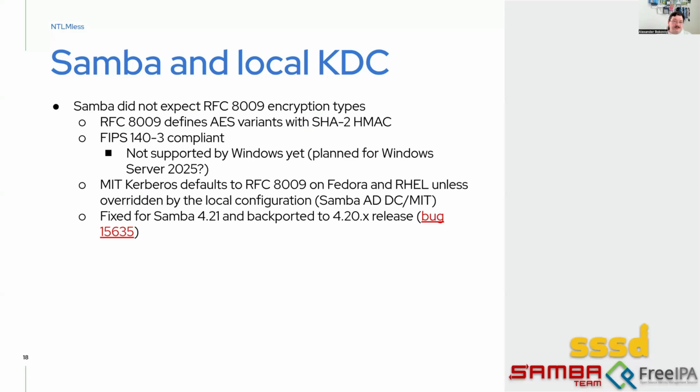The buffers were larger with the SHA-2 HMAC than Windows expected, so we had to apply some changes in MIT Kerberos to handle this. But with the fixes in Git master, this now works transparently, also in a FreeIPA environment or in this local KDC case.